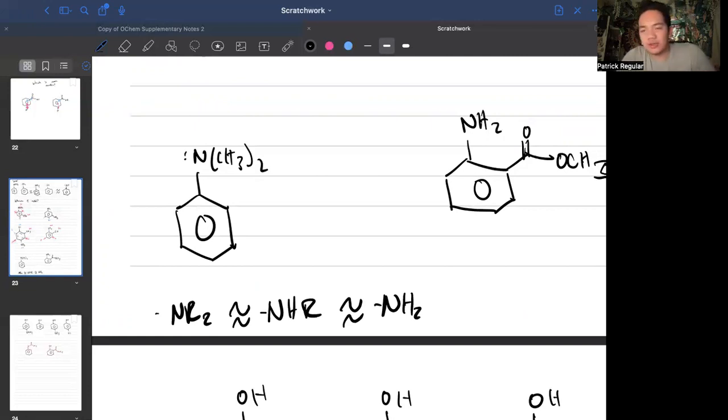Because of the fact that they have the nitrogen directly attached to the benzene ring, it means it can donate that lone pair. So if it can do that, we know that it wants to do ortho para, because if that substituent atom has a lone pair, it'll want to donate and form ortho para. So where do we want ortho para? Right here.